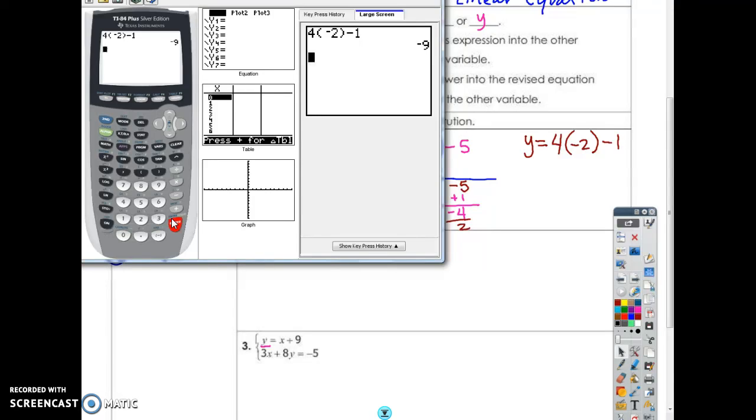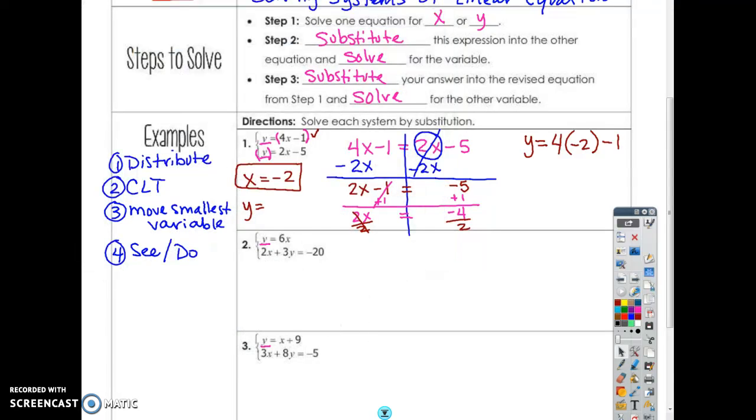So my y is negative 9. So right here it will be y equals negative 9. Okay, so once you have the x and the y, you can write it like this, negative 2 comma negative 9, and that's your solution. Okay, the x comma the y.